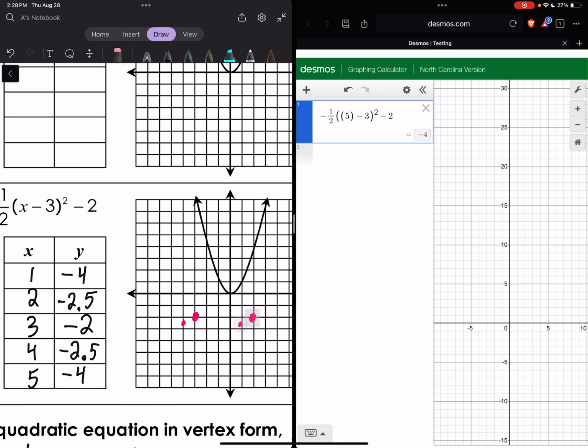There we go. Oh, heck, let me just redraw them. That's getting aggravating. So 3, negative 2, 4, negative 2.5, and 5, negative 4.